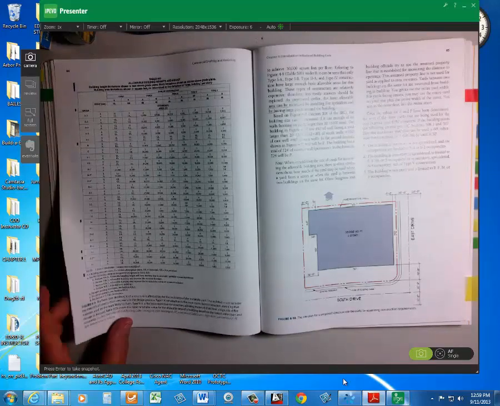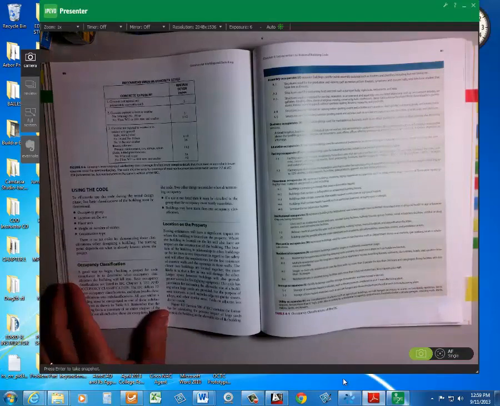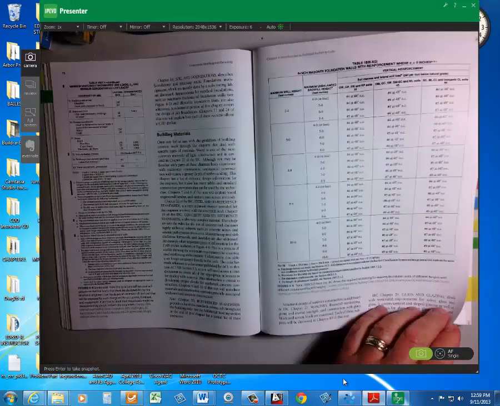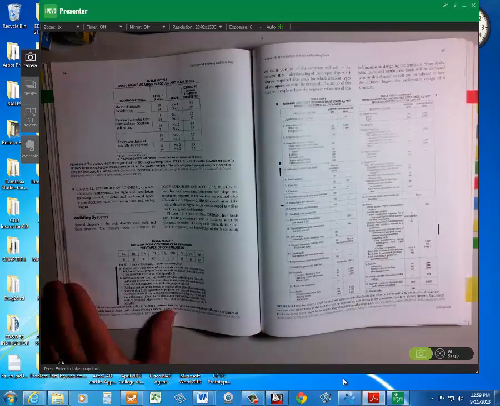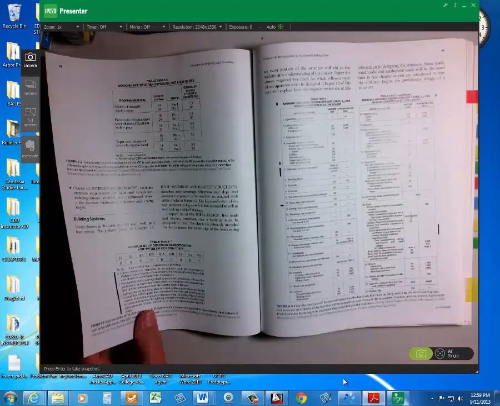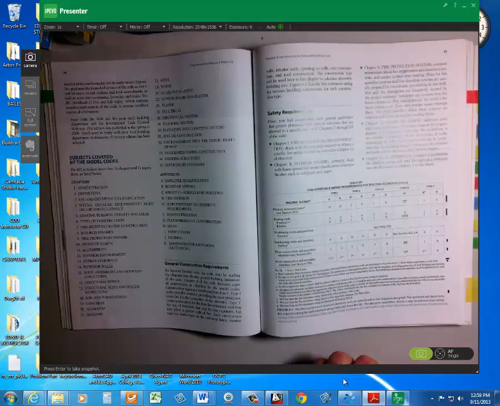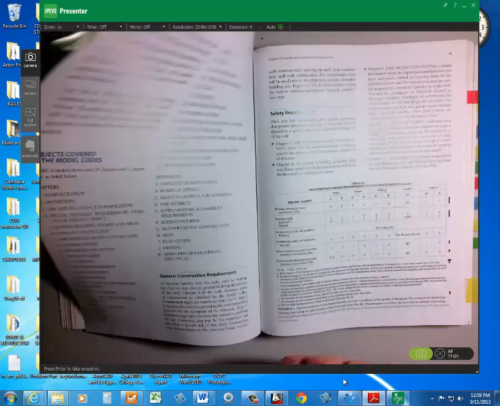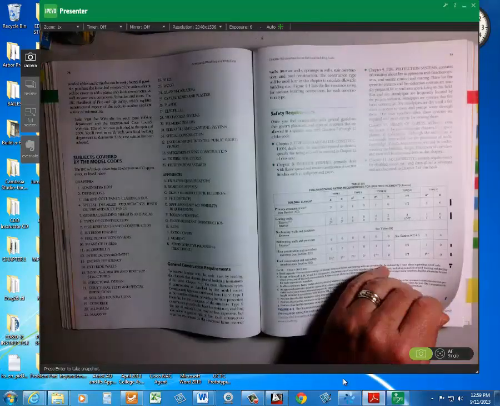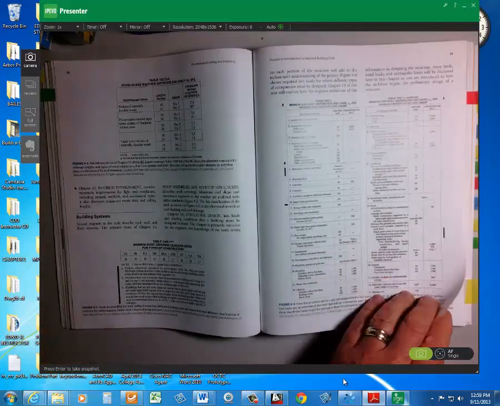Type 1A. What is that made out of? What's a type 1 construction? Let's see. What table is that? Oh, fire resistance rating. Where is that found? A construction type. Can't seem to find it.